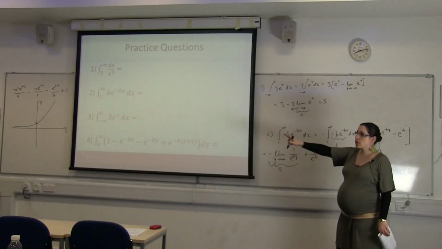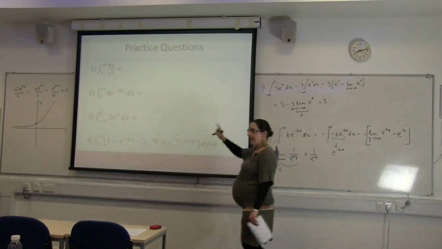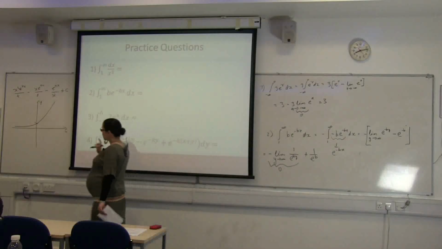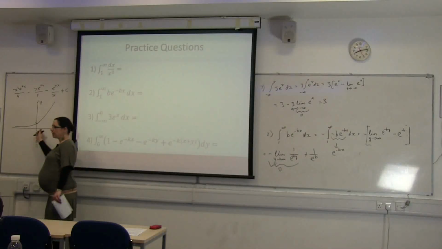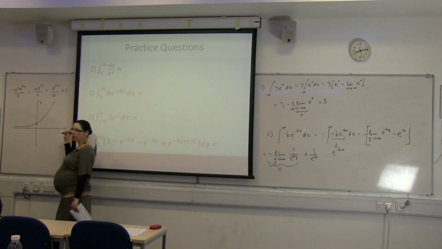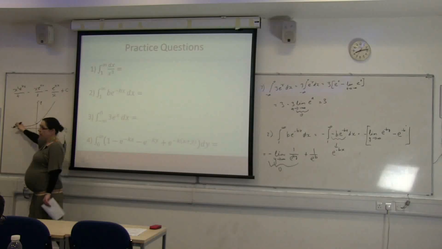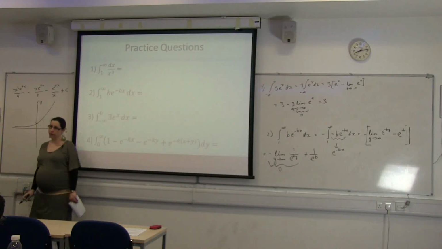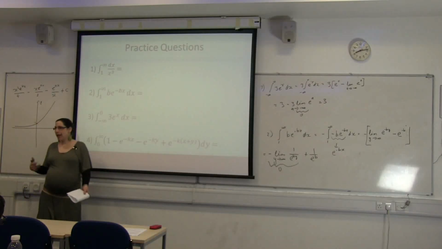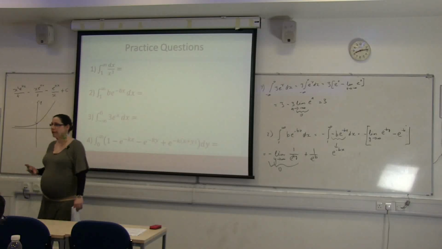So it's actually quite good to know about these functions, but be careful, because if x tends to positive infinity, then where does e to the x tend to? Infinity. So at that end, it doesn't have a limit. But if it's coming down this way, it has a limit. We just can't deal with the positive infinity.